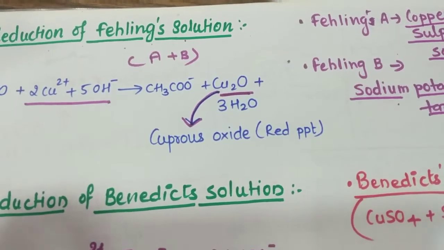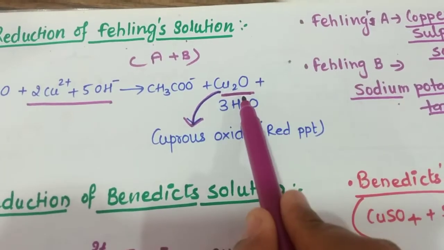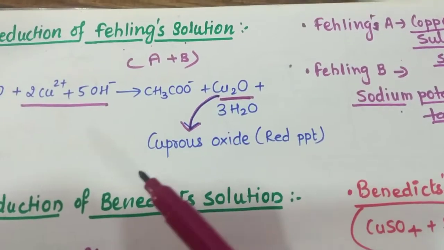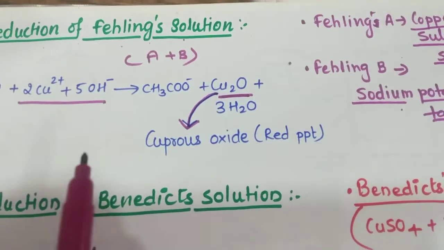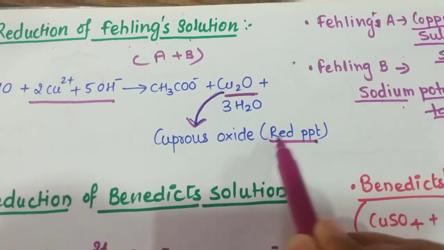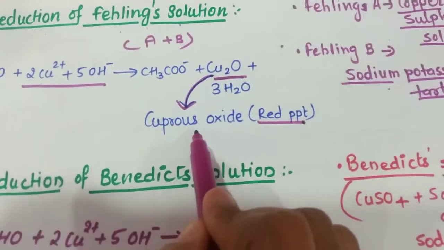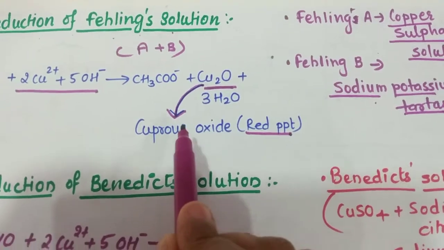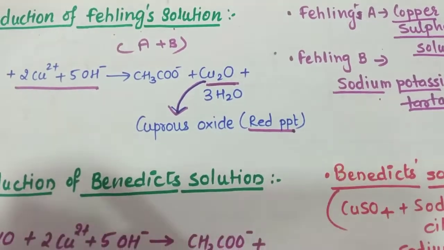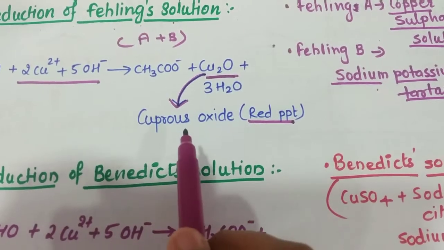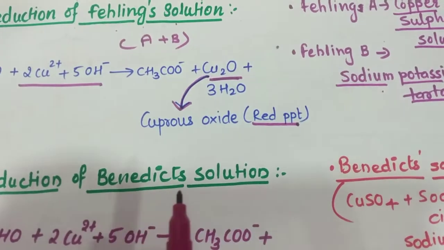When we heat that solution in a water bath, that dark blue solution is converted into a red complex. The name of that complex is cuprous oxide, and this is actually a viva question as well: why is there a formation of red precipitate, and what is the name of that red precipitate? The name of that red precipitate is cuprous oxide.